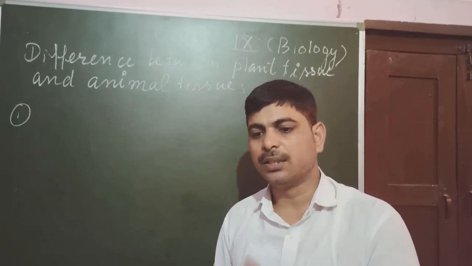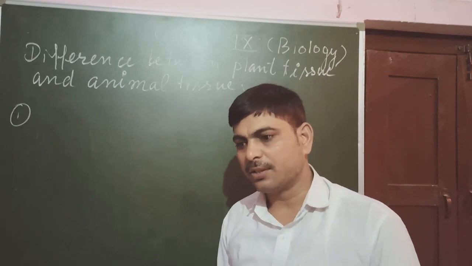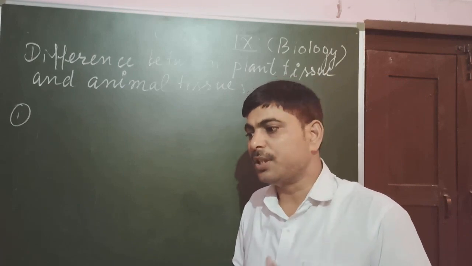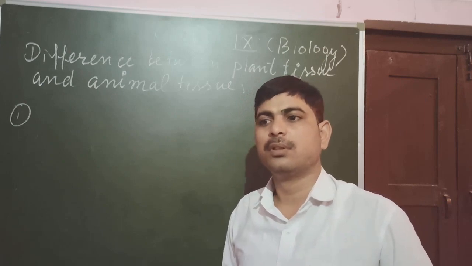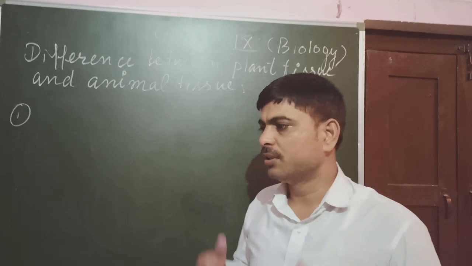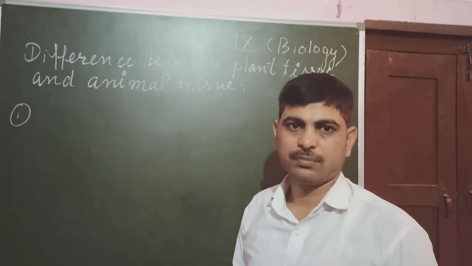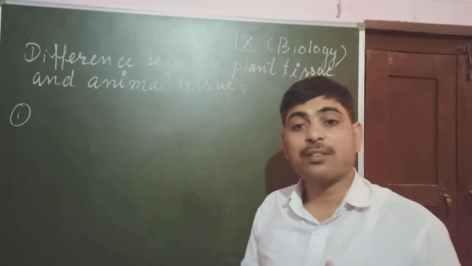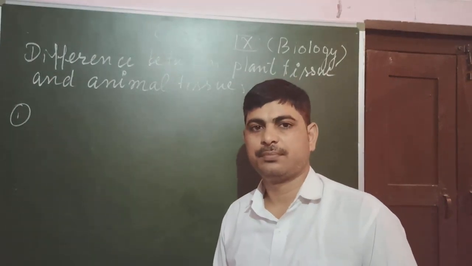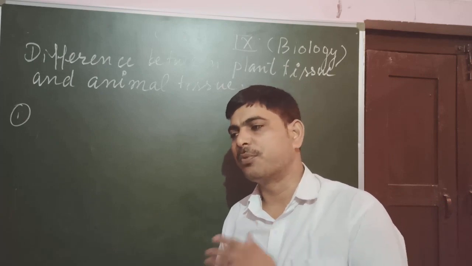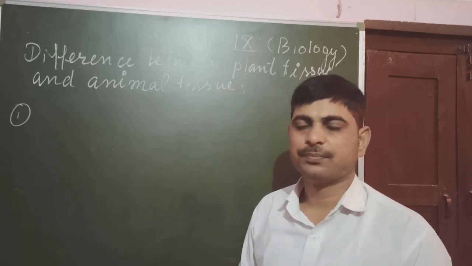So in that condition, if a plant stands straight, then it means it needs some mechanical support to maintain its rigidity, maintain its position. So most of the cells in plants are supportive in function.